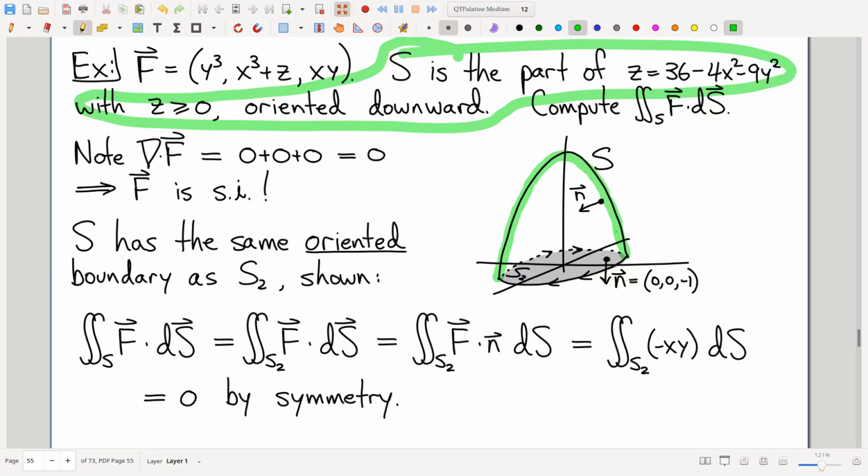I've got that surface there. Let's see, it says oriented downward. So that's why I pick what a lot of people might call inward. It's reasonable to call it inward, I suppose. I think even better than that would be to call it oriented toward the z-axis. I think that would make sense.